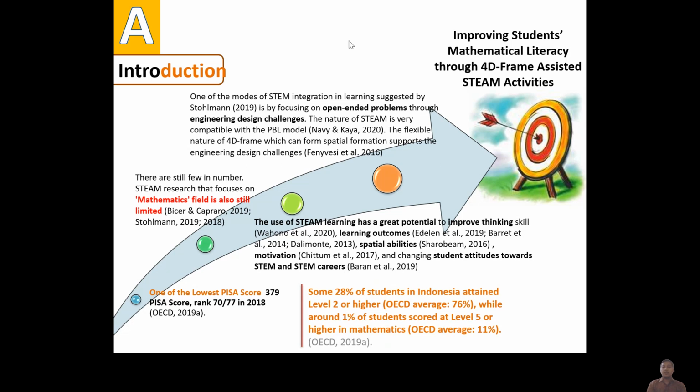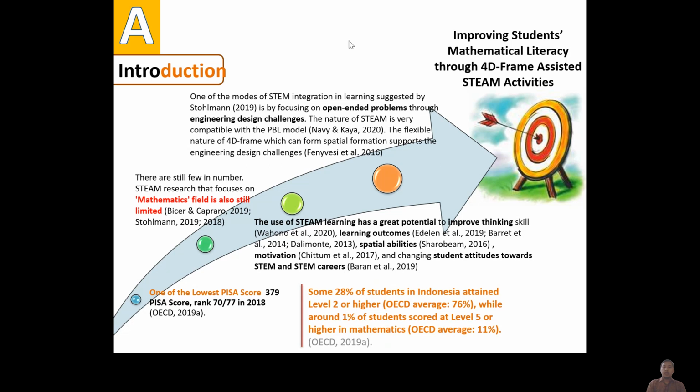What are 4D frames? Well, 4D frames are the tool that we are going to use to facilitate the problem-based learning. In this problem-based learning, we are using the learning theme of a traditional technology that we call BUBU, a fishing trap.